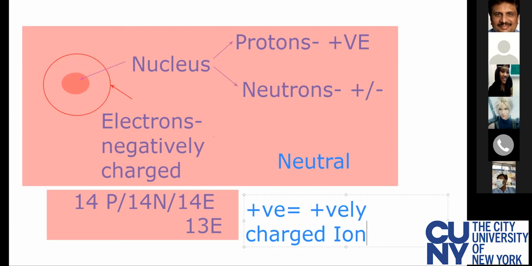When an atom either loses or gains an electron, it becomes a charged entity, and that entity is called an ion.